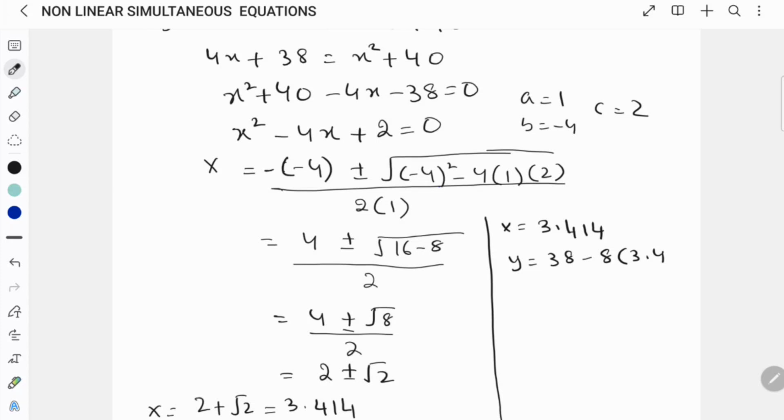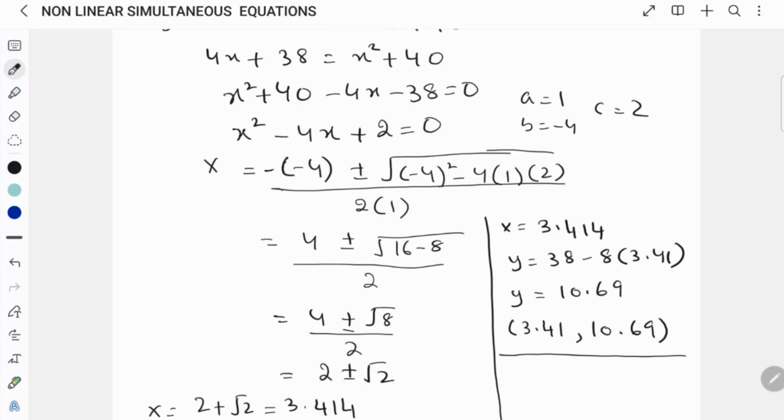I'm just calculating. So I'm substituting 3.41 here, then it becomes 10.69. Okay, so the first set of answers is 3.41 and 10.69 up to 2 decimal places.